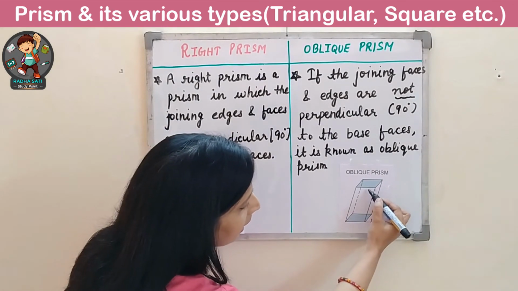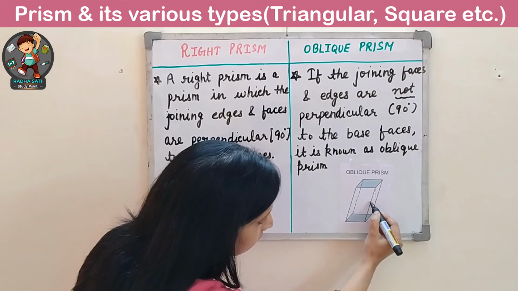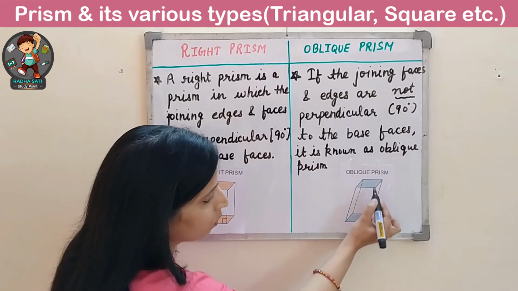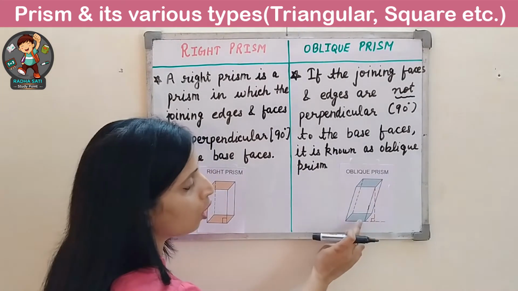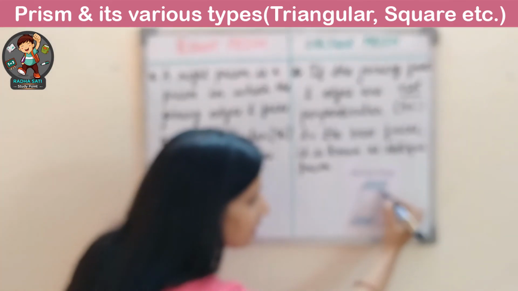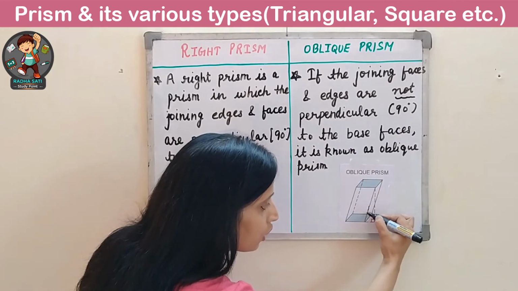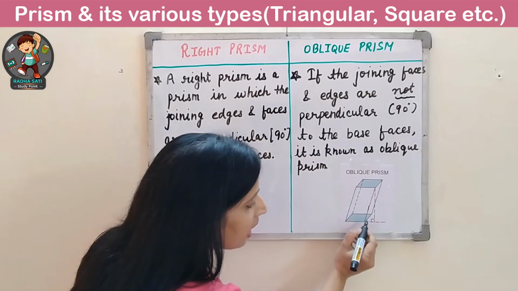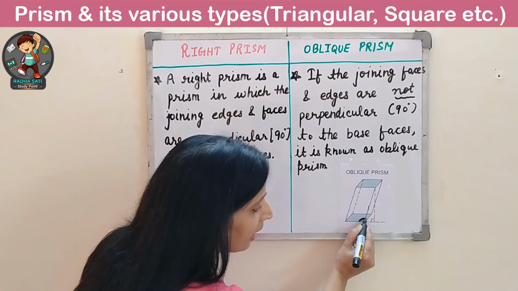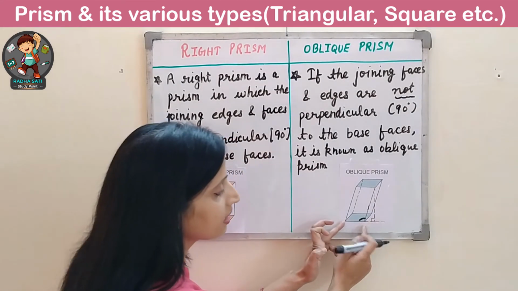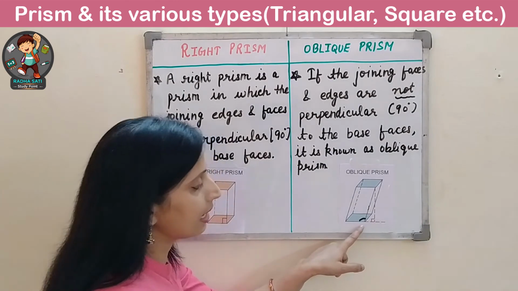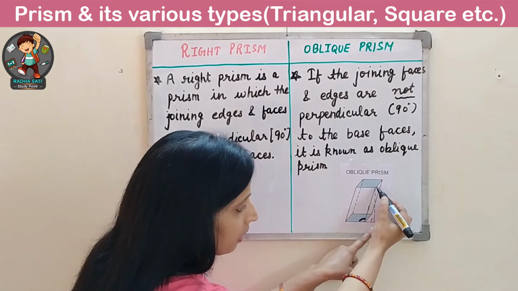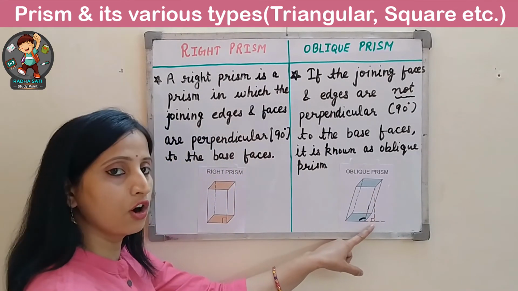So here these are the edges and these are the faces, and this blue color, these are the top and bottom faces. But here you can see that these lines, these edges are not straight. These are slanting. So that's why these are not forming an angle of 90 degrees inside this. When we are extending this line of the base, then from this corner the angle of 90 degrees is getting formed.